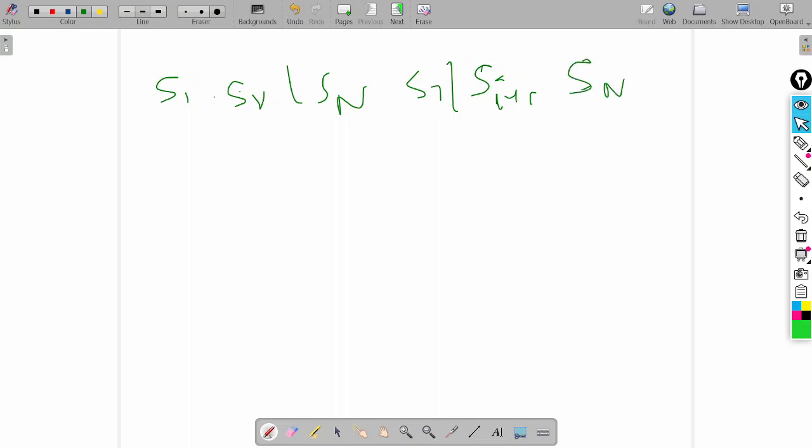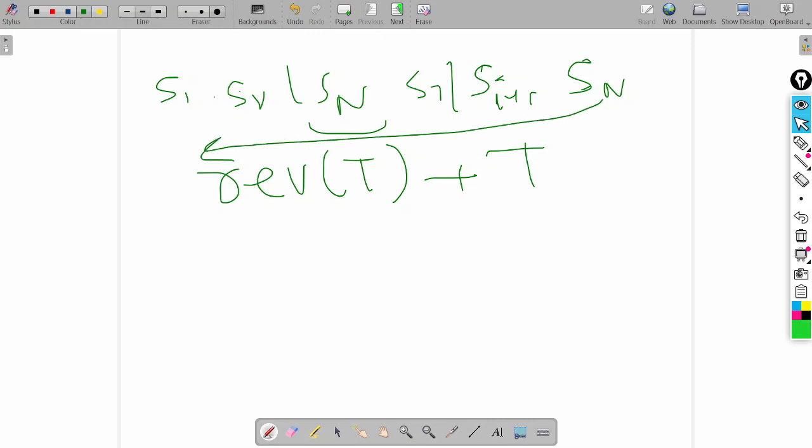So for this, we need to check these things. We can reverse t and make a string like reverse of t plus t. If you do this, then in the reverse of t string, this sn to si plus 1 thing will come first, and then s1 to sn, and then si to s1.